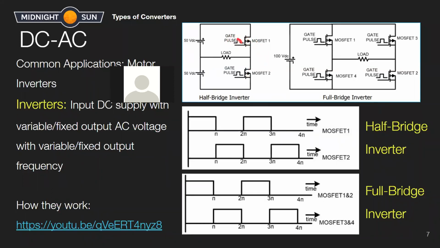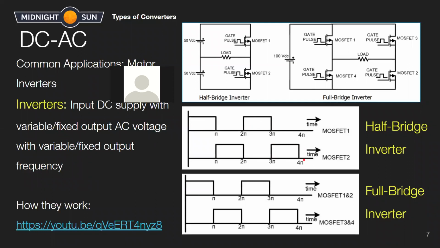So when you turn this one on, you get a current loop that goes around MOSFET 1, as you can see here, for a period of the clock. And then when you turn MOSFET 2 on, MOSFET 1 is off, and it's the same thing. You can see from this diagram of the half bridge inverter that MOSFET 1 and MOSFET 2 are turned on during these clock pulses.